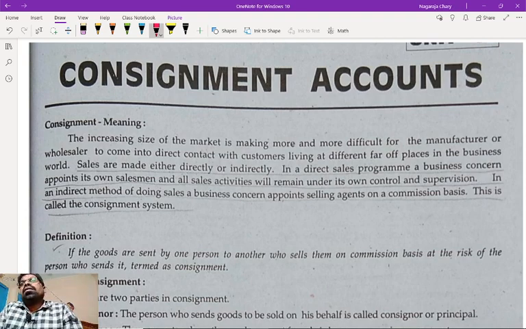One manufacturer cannot sell the goods in different areas himself, so the finished goods stock he has is sent to different areas. Then that stock is sold by the people of those areas. Here the people may be appointed by the owner.